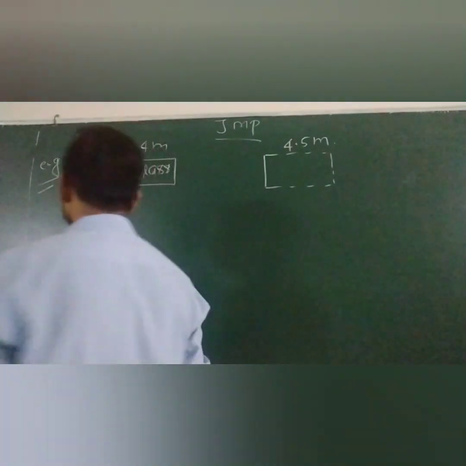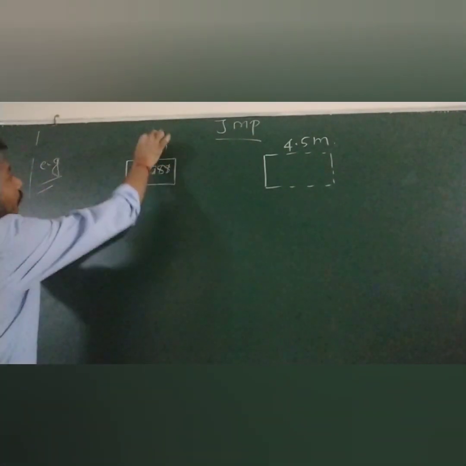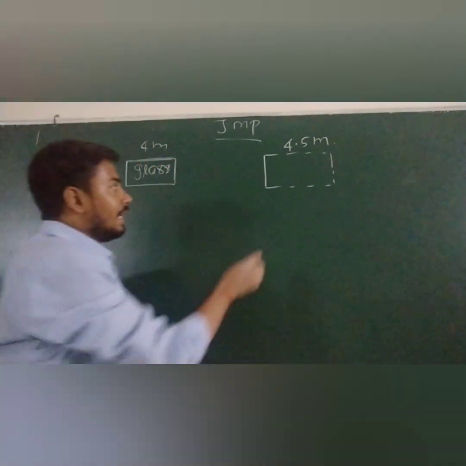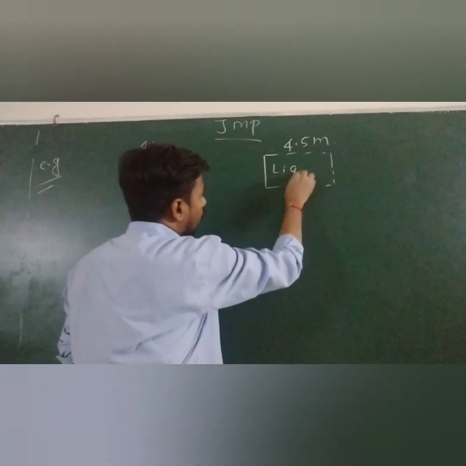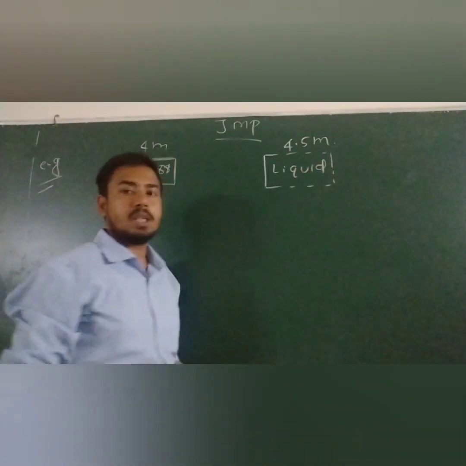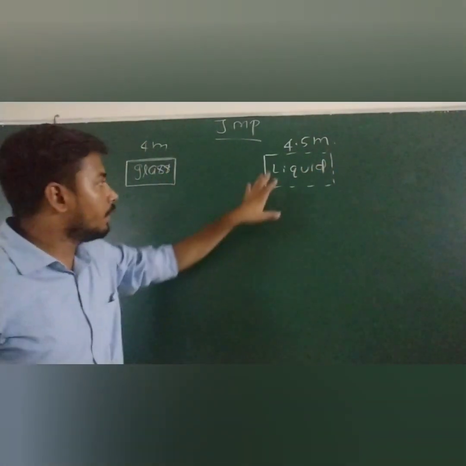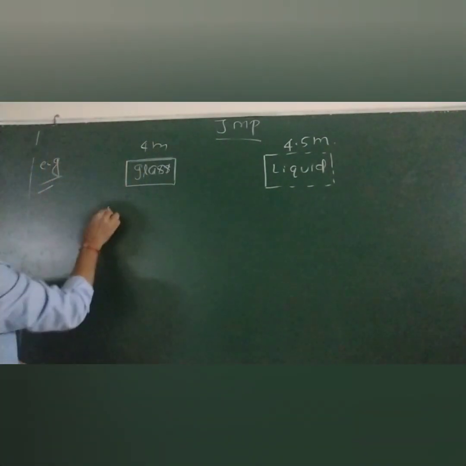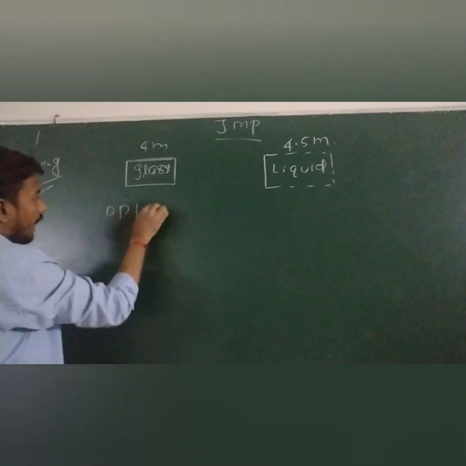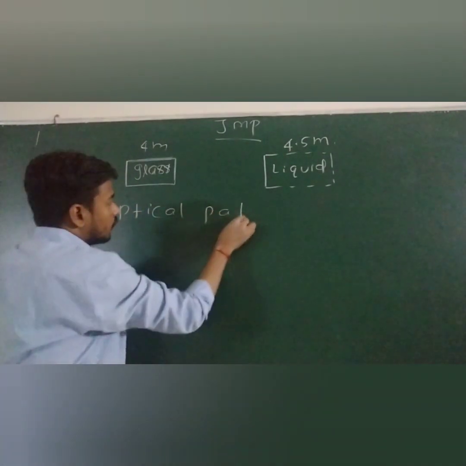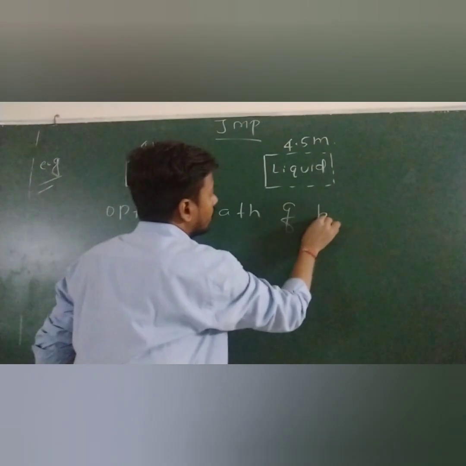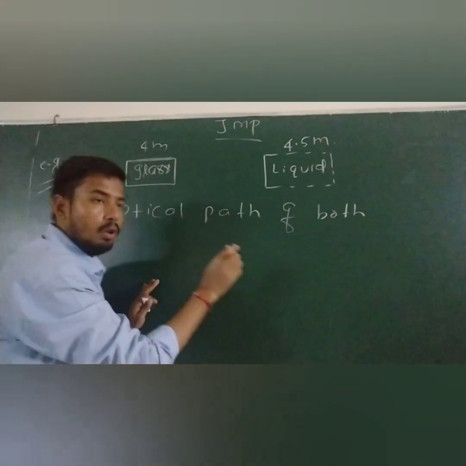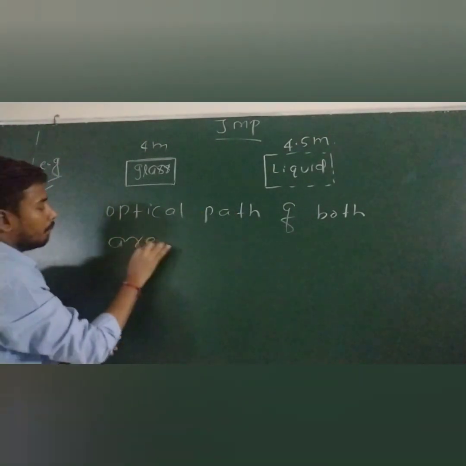You have to see here. This is a glass and its length is 4 meters. This is a liquid and we don't know the refractive index of this liquid. But it is given that the optical path of both are the same.